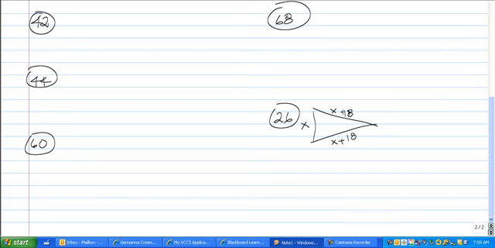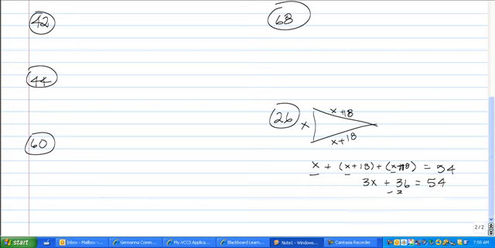And the perimeter of the triangle is 54. So we want to add x plus 18 plus another x plus 18 plus x equals our 54. So counting, we have 3x plus 36 equals 54.